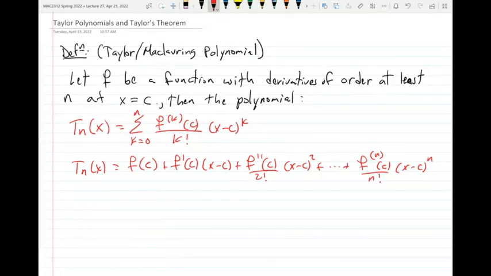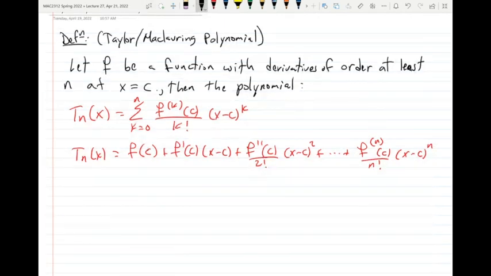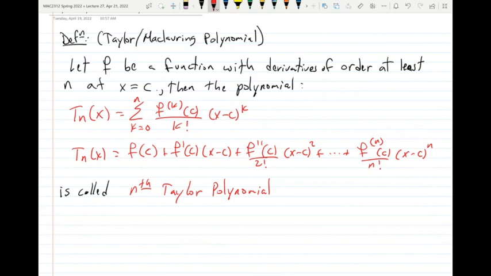Okay? So this is a polynomial, and we call it the nth Taylor polynomial for f at c. Okay?